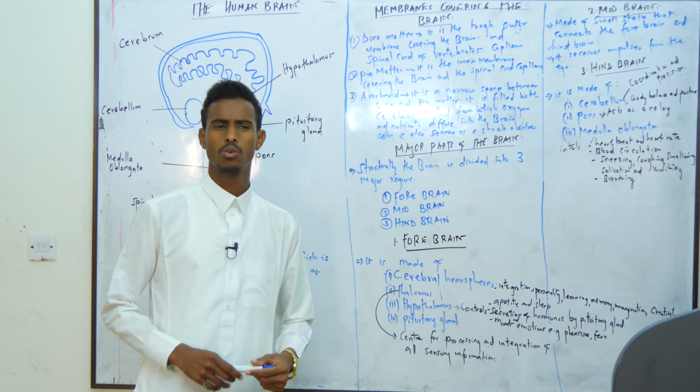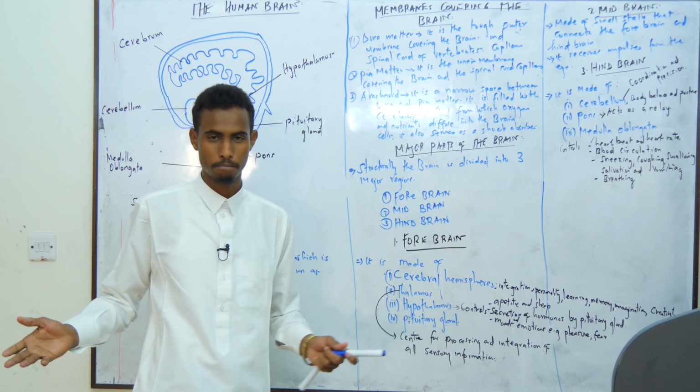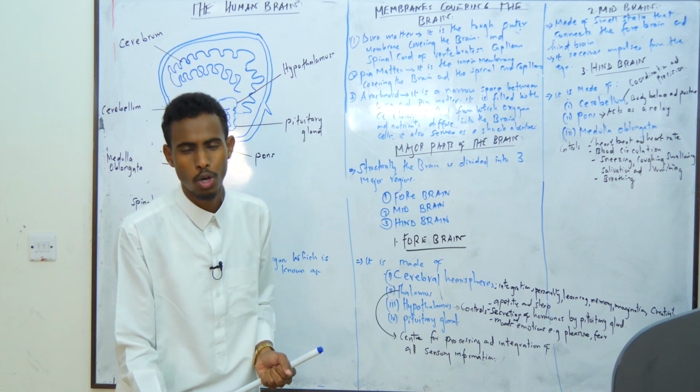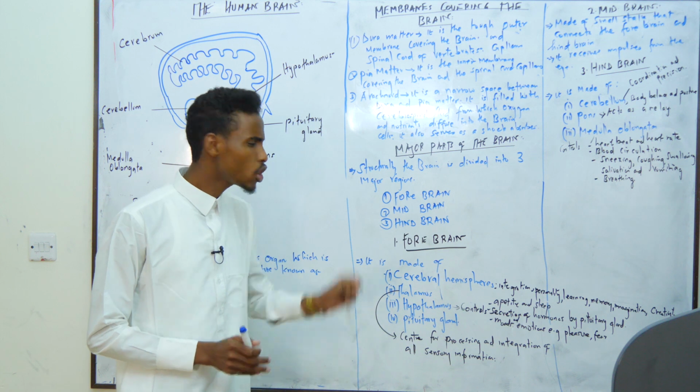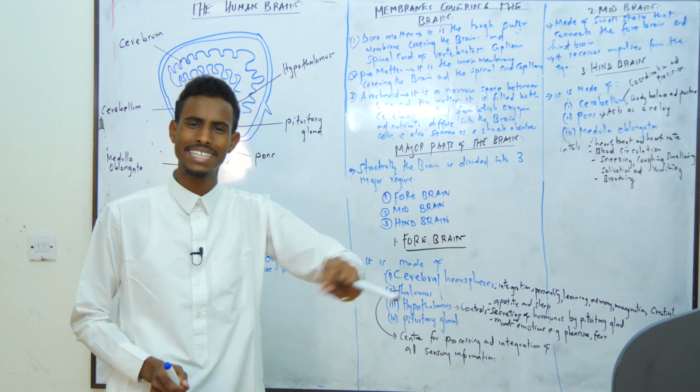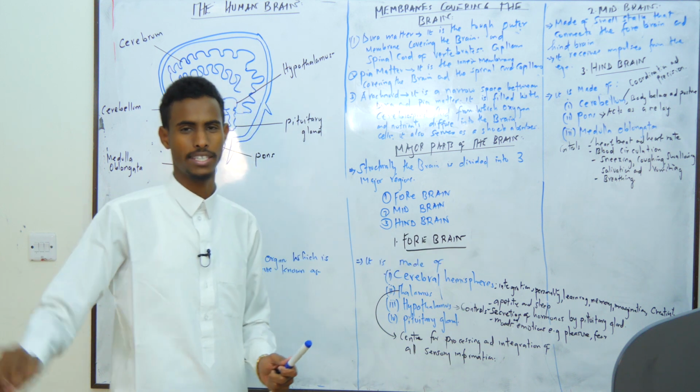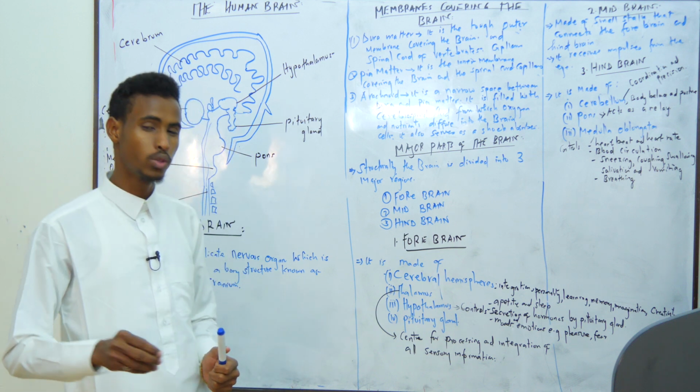On the other hand, when the osmotic pressure of blood goes below normal, what happens? The osmoreceptors in the hypothalamus detect this, and they send impulses to the pituitary gland.